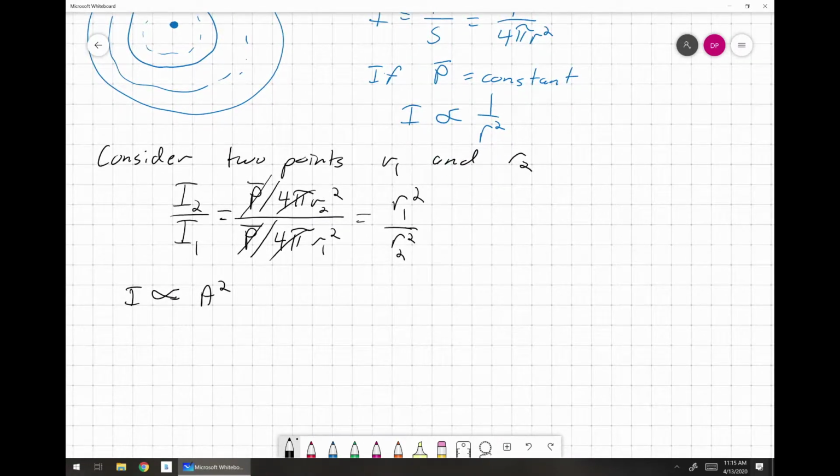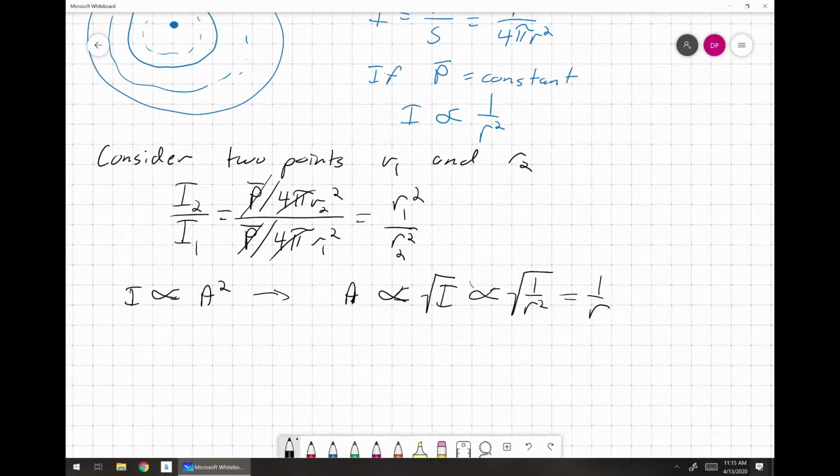And so as the intensity is dropping off, so is the amplitude. So we can say that the amplitude is going to be proportional to the square root of the intensity. So it's proportional then to the square root of 1 over r squared, which is equal to 1 over r. So the amplitude is just going to fall off directly with distance instead of as distance squared.